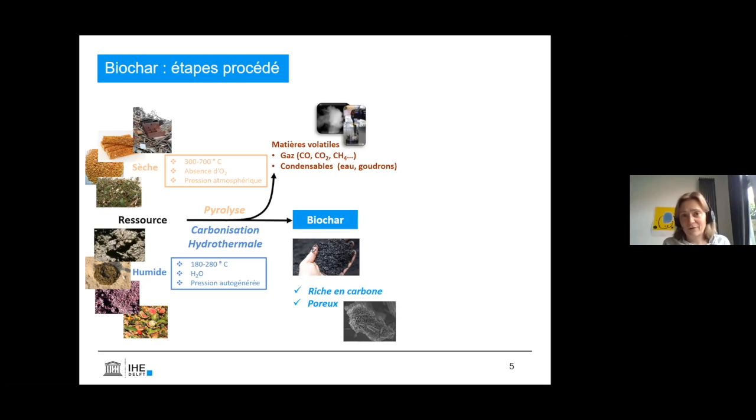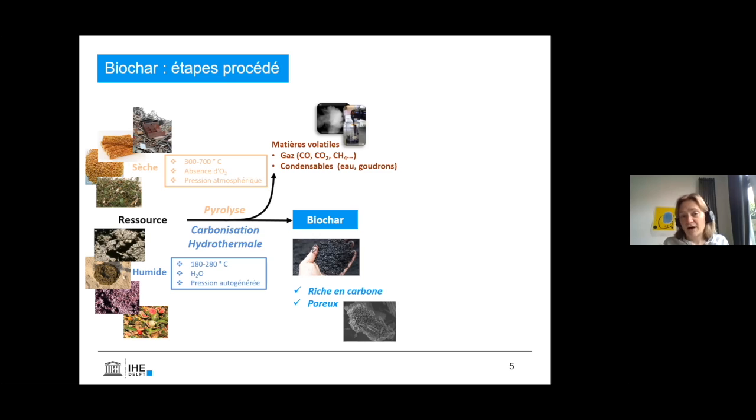What we do, and what I often use as an image to do this, is the steam cooker, where we could put wood, in this case. We mix it with water, possibly, and then, if necessary, we close it, we heat it up. In this case, usually 180 or up to 280 degrees.